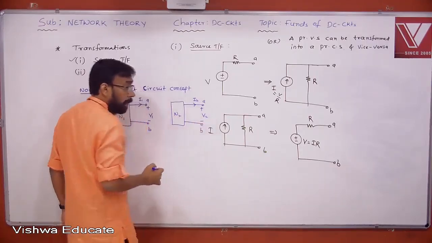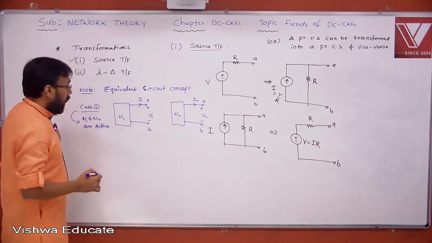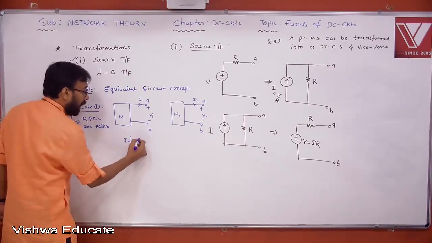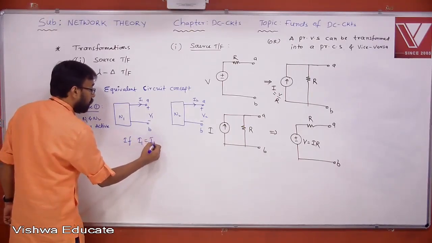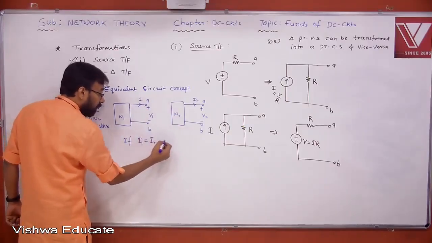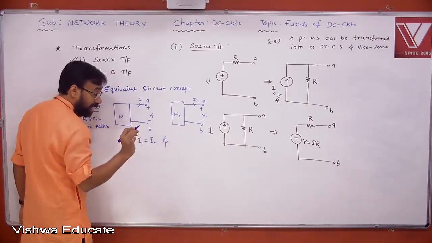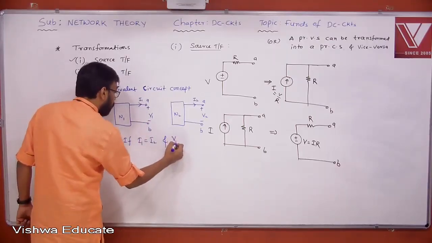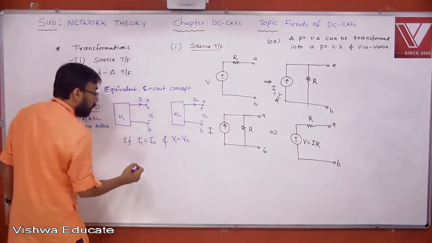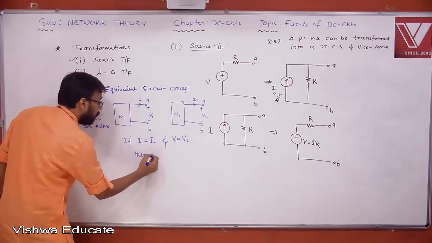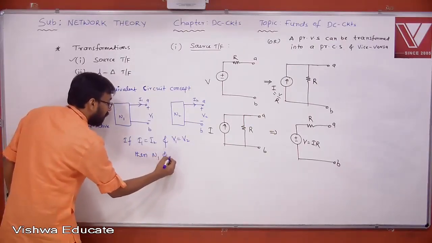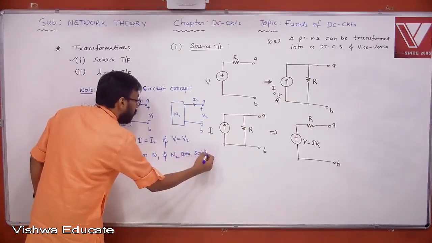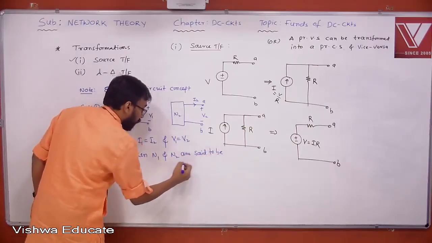If I1 is equal to I2 with respect to AB terminals, and not or, no exemption, not any one of them, and V1 is equal to V2, then network 1 and network 2 are said to be equivalent.